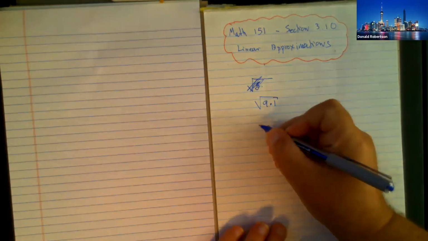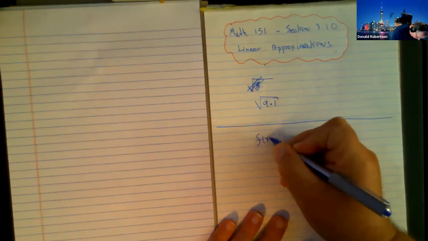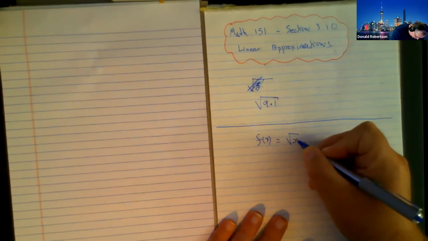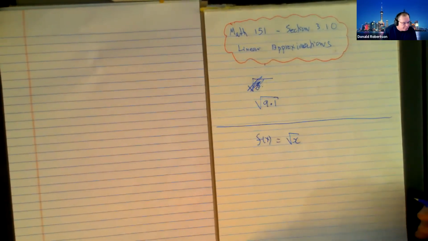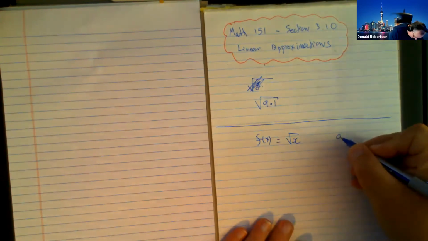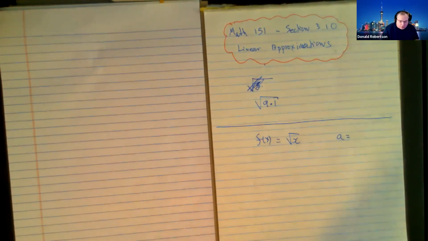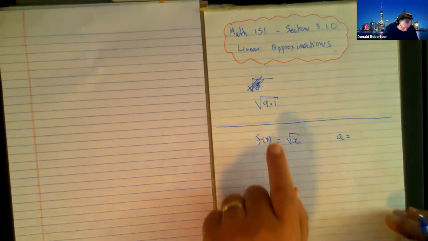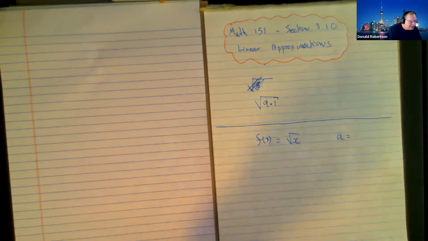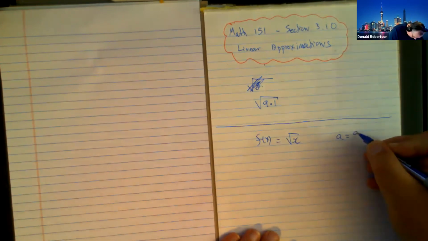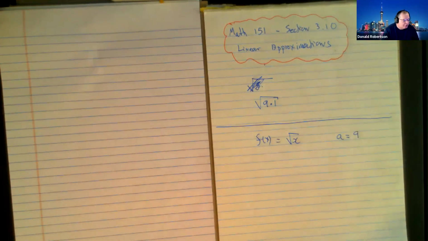So what you're going to do in linear approximation is that you're going to be given a function. And in this case, the function is going to be the square root of x. And you're given a value called a, which is really a number that is close to this guy, that makes a nice square root. Would you agree 9 makes a really nice square root?